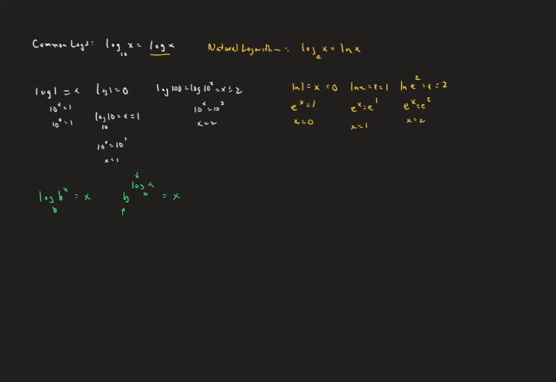So let's talk about some properties of logarithms. There's really only 3 that are of much importance. So the first one is the logarithm, any base of 2 things that are being multiplied, is going to be the sum of those logs.